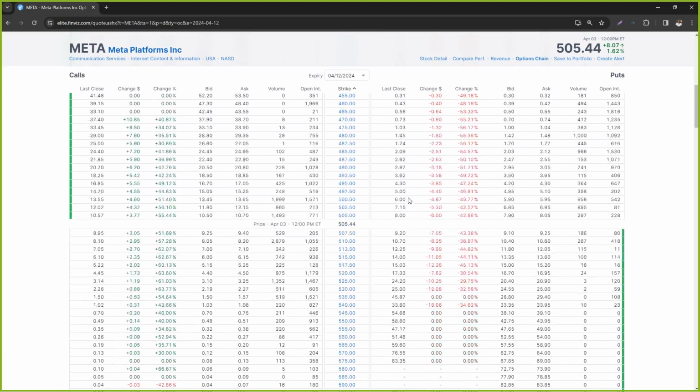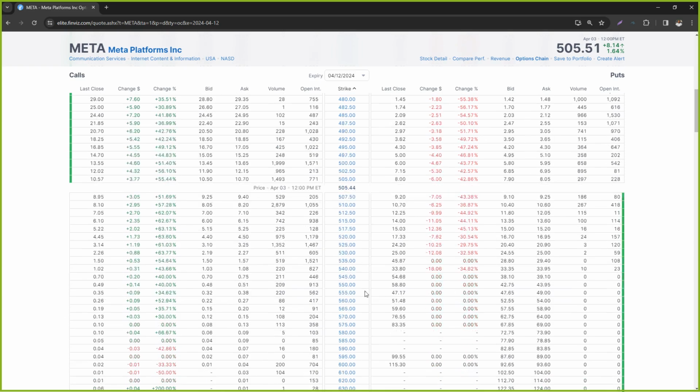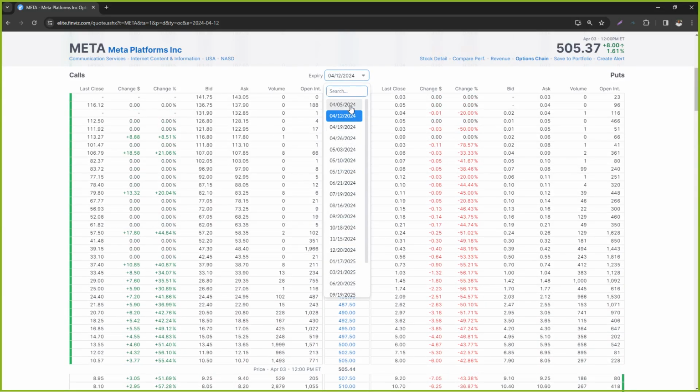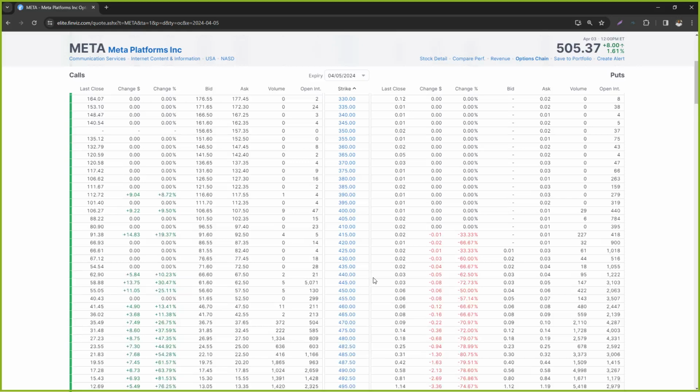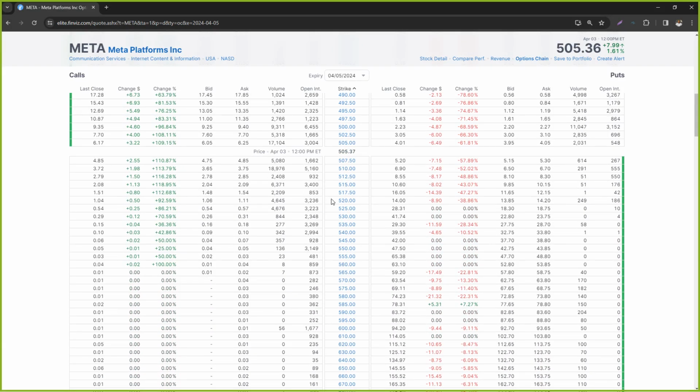I will do this if I'm looking to hold overnight, but just to give me an idea, nobody's really heavily vested in this beyond this week. So this is where the money is. I focus on options expiring this week.